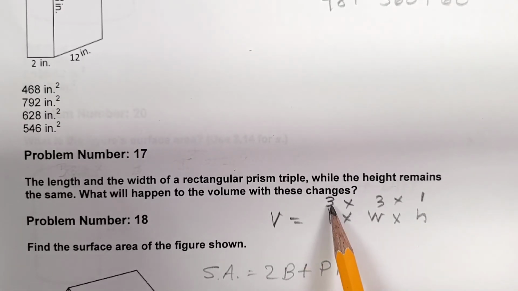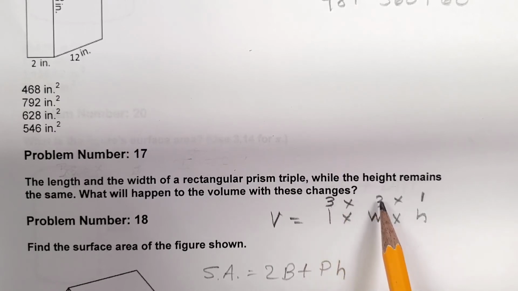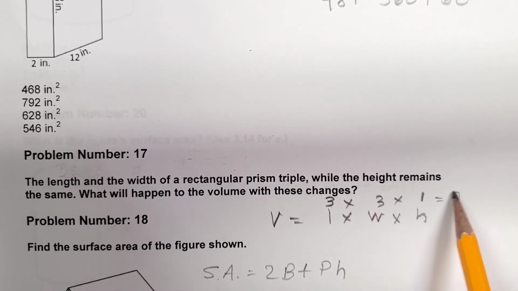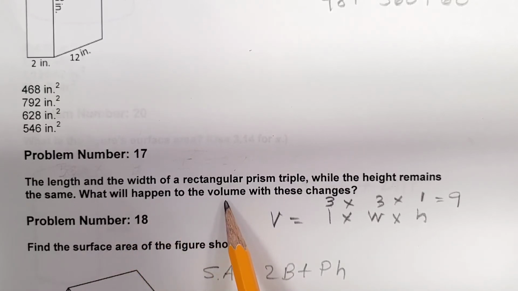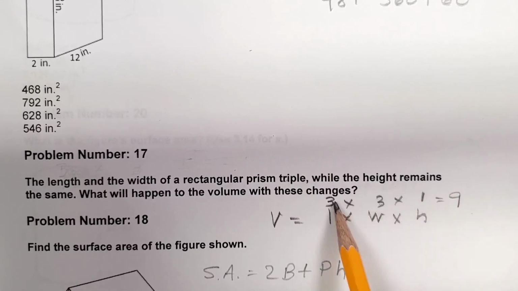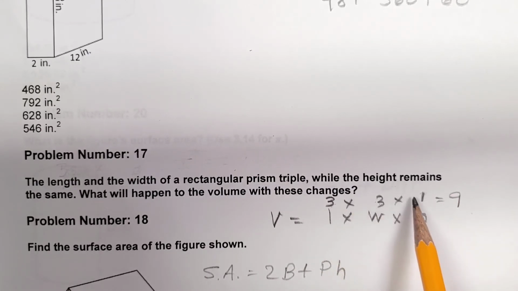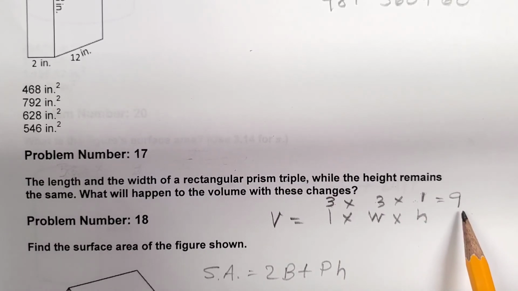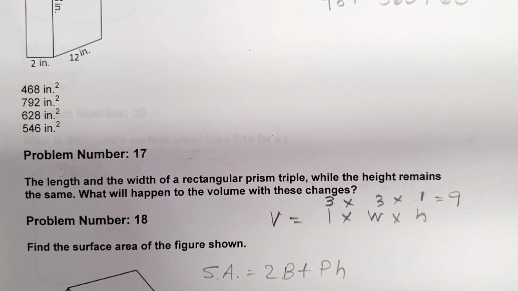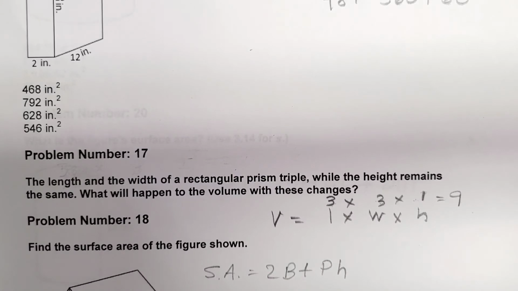So that means you're just going to go 3 times 3 is 9. So the volume will be 9 times larger. If they all tripled, 3 times 3 times 3, then the volume would have been 27 times larger. But since only 2 dimensions change, the volume is only 9 times larger.